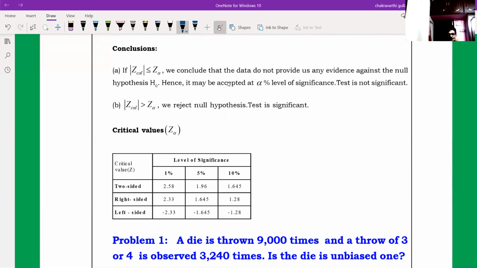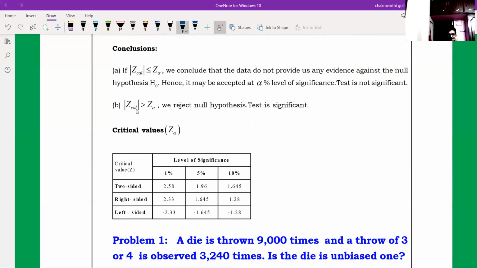So we conclude that the data do not provide us any evidence against the null hypothesis H naught. Hence, it may be accepted at alpha percent level of significance. The test is not significant. When H naught is accepted, the corresponding Z test is not significant.